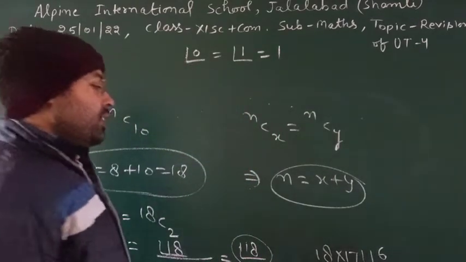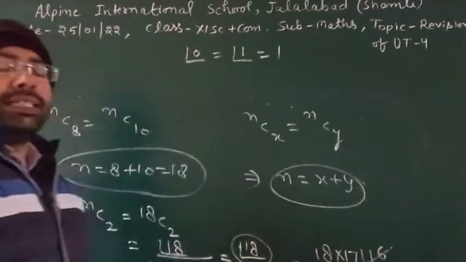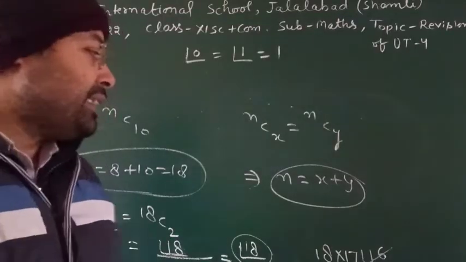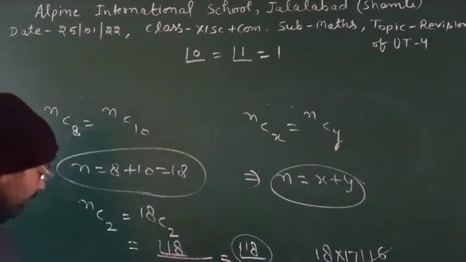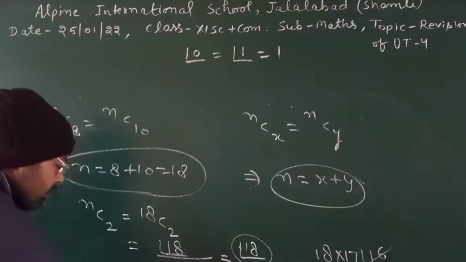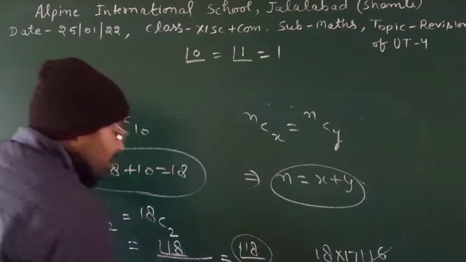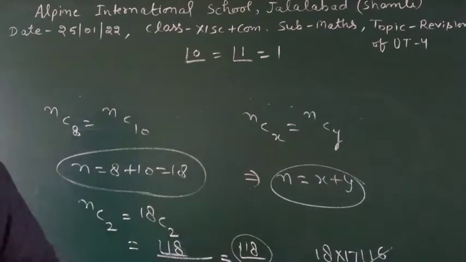So factorial 16 in the numerator as well as the denominator will be cancelled out, and the resultant value will be 18 into 17 upon 2. So we have 9 into 17, and this will be your required answer.